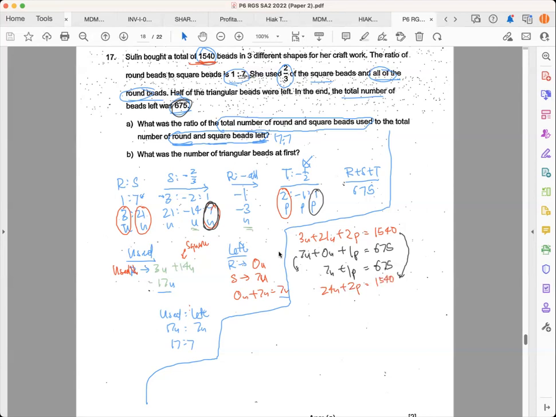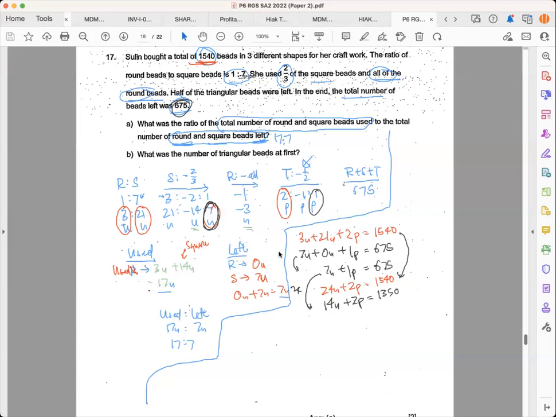So this is a simultaneous equation. I shall make my parts the same, so I multiply by 2. I get 14u plus 2 parts is equal to 1350. Now that my parts are the same, I can subtract the 2 statements.